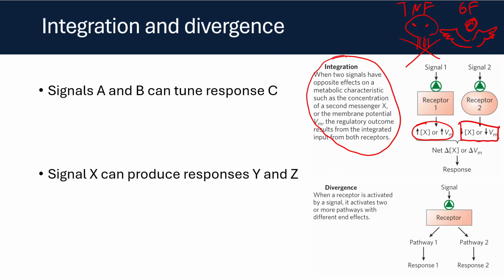Well, which one wins? It's whichever one has more ligands pressing the buttons. So the net change in whatever stimulus is being inputted is going to dictate if we're going to swing to the death side of things or swing to the survival side of signaling.